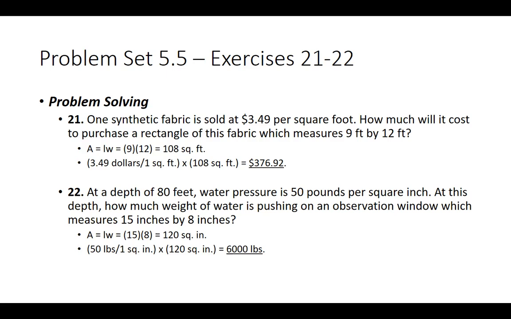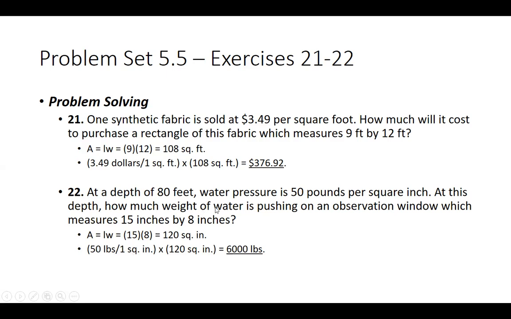We have a conversion. Our water pressure is 50 pounds per square inch. If we multiply 50 pounds per square inch by 120 square inches, square inches will cancel, leaving us with pounds, which is what we want.